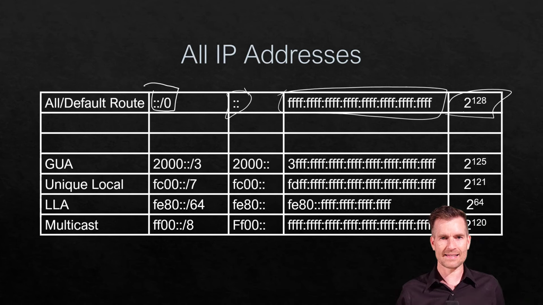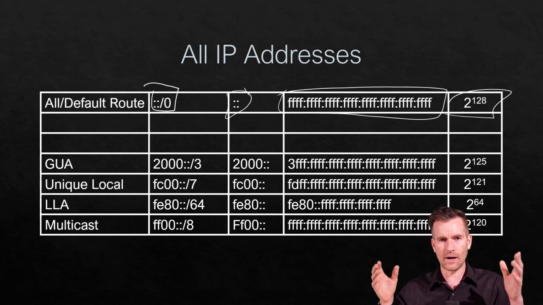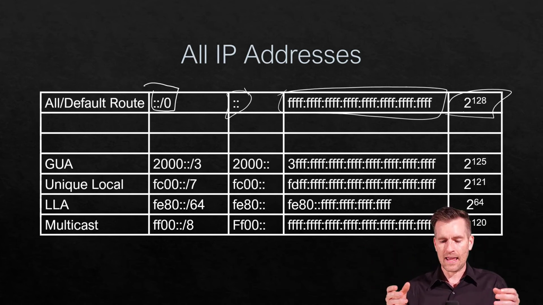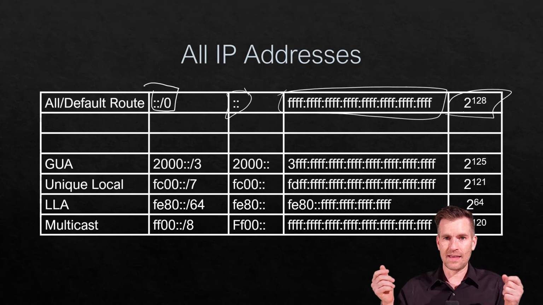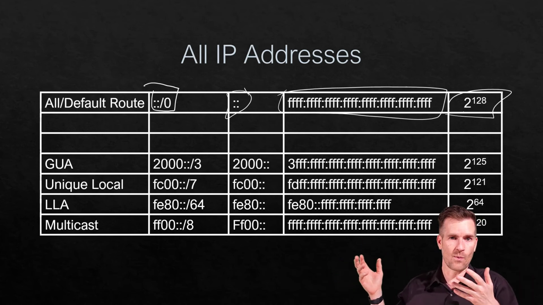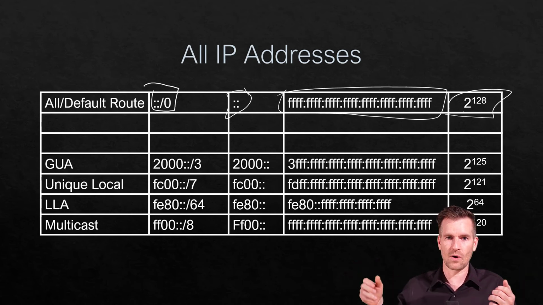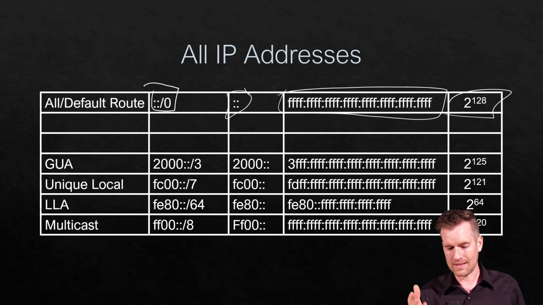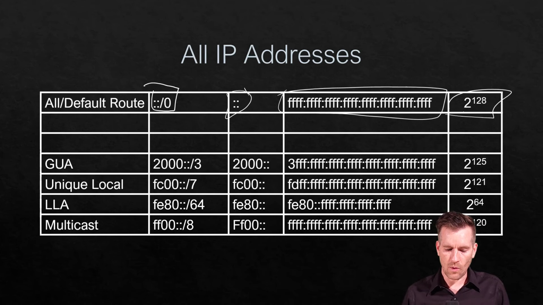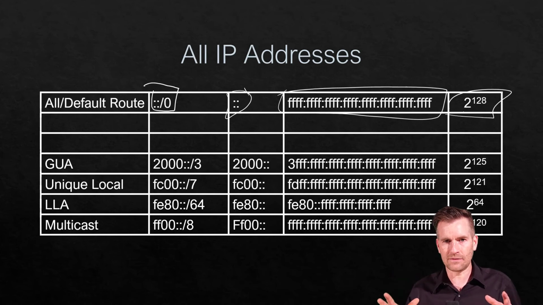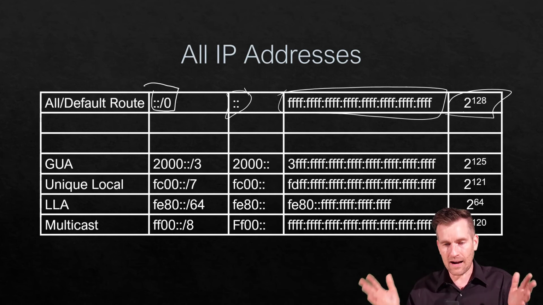So this is why I say it's the all, or the default route. So a router will say, if you're going to anything, then this is the gateway to do it, or this is the next hop to go out to the rest of the world, or this is the default route. So this is the all-inclusive way of saying everything.